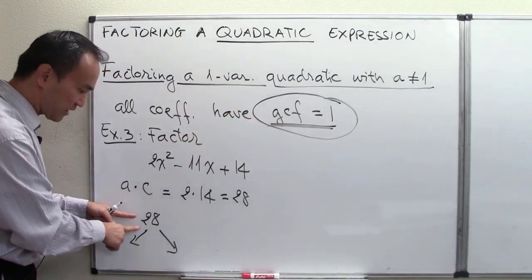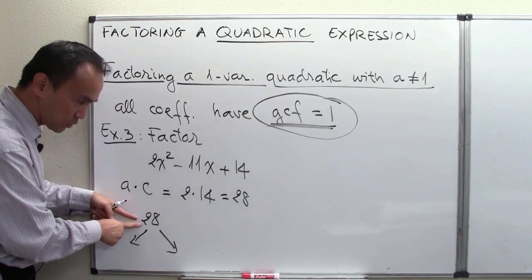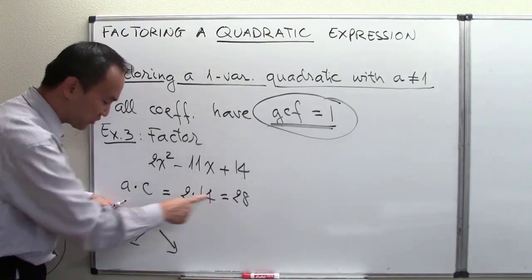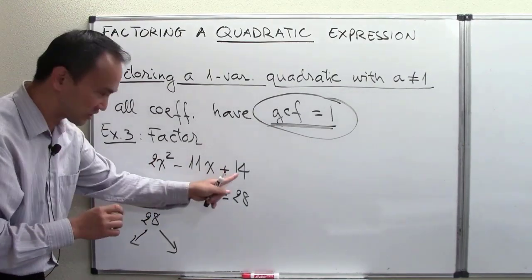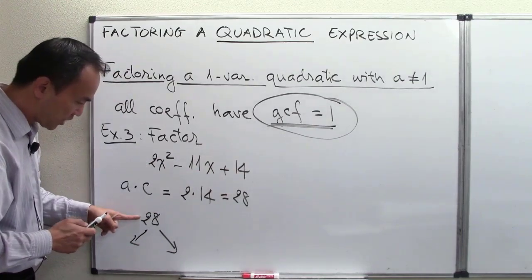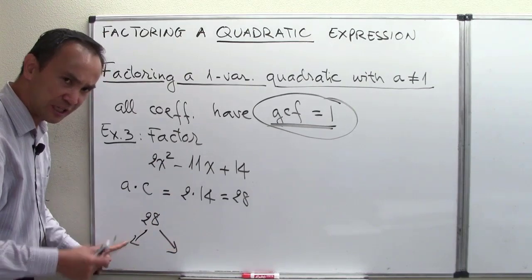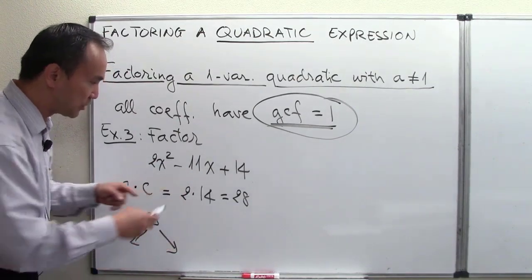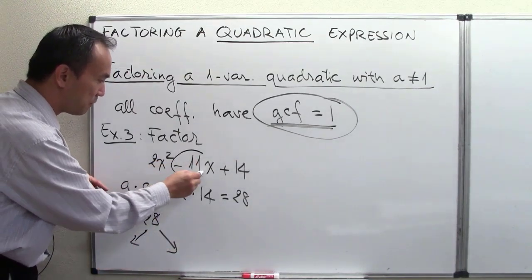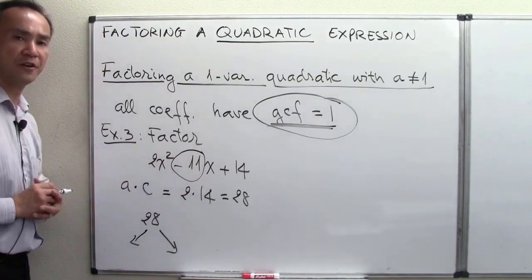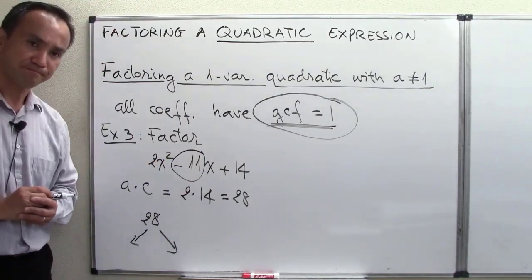But we take that method into the final coefficient here where it's A times C, not simply the last coefficient. So with 28 that came out from A times C, we find two factors, including signs, that add up to, that sum to minus 11, the middle coefficient.